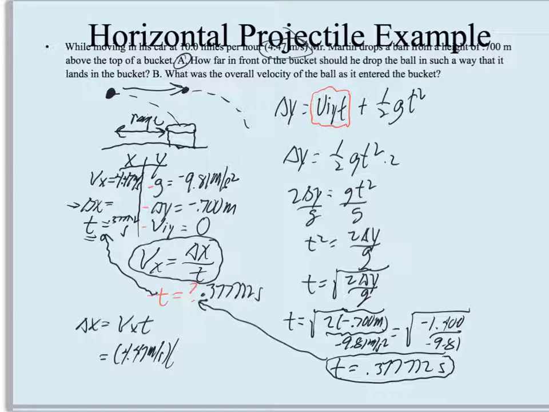T, I just spent 5 minutes looking for t. 0.377772. I'm not rounding that one. Sig fig wise, you're not supposed to round a number. That's not the answer. You got to drag that full unrounded number into whatever you're solving for. And I end up with 1.6881, or 1.6886.